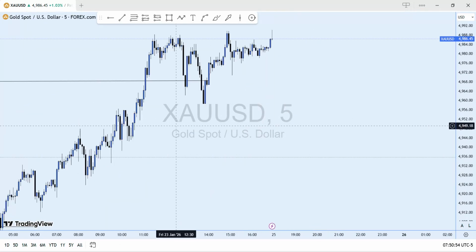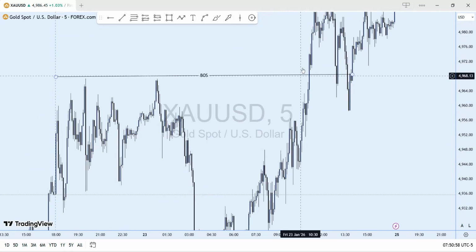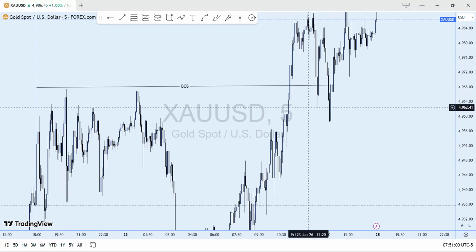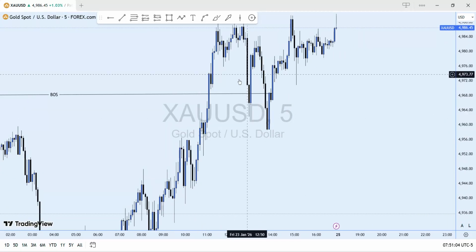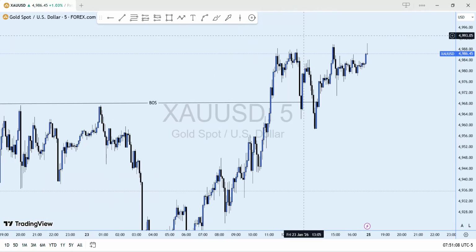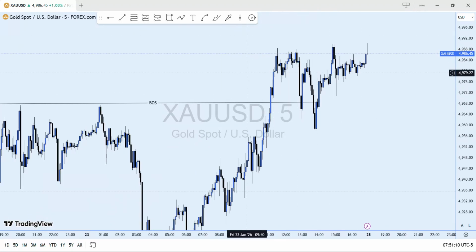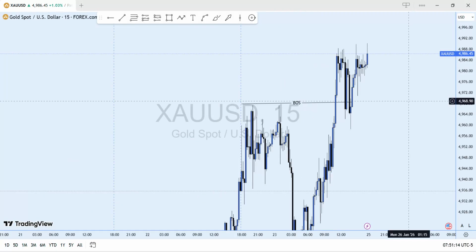So now this is what we will be having to use for now. Sorry, this was the place I was actually waiting for. So this is the range we'll be looking out for next week, even though it's the 5 minutes. Let me shift to 15 minutes.